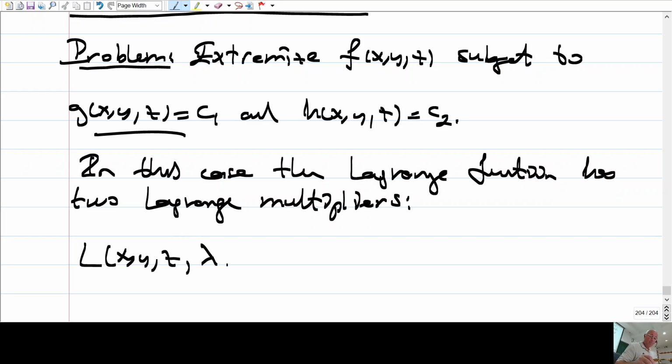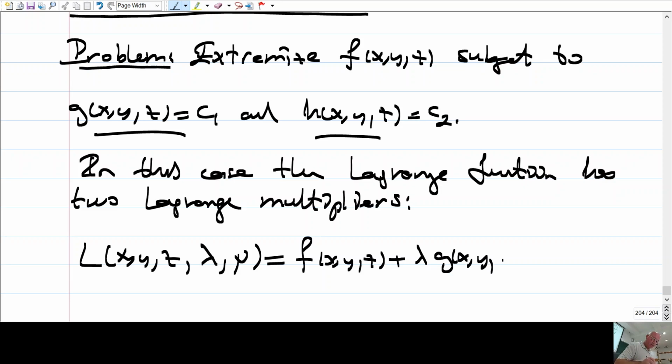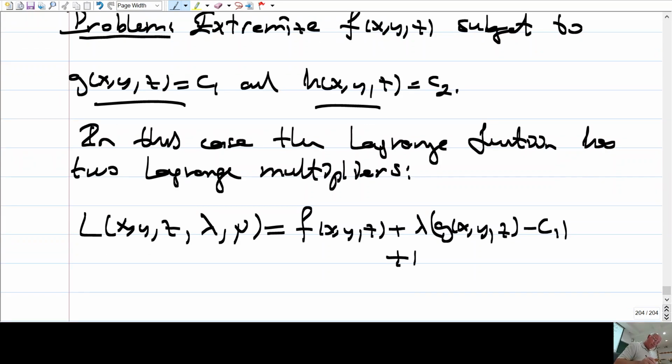So lambda and another constraint for h, and it will be the following. So f of x, y, z plus, if I had only one constraint, then I would have lambda times g of x, y, z minus c1, let's say, plus, but if I have another, then I have mu times h of x, y, z minus c2.